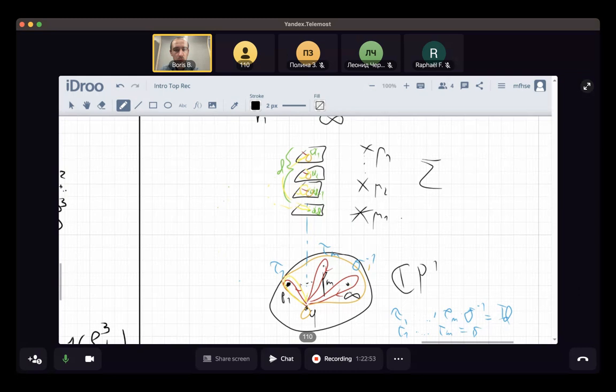So this 1 over size of mu factorial corresponds to the number of ways with which you can number your sheets. Size of mu is the degree of the monomial that we draw there.